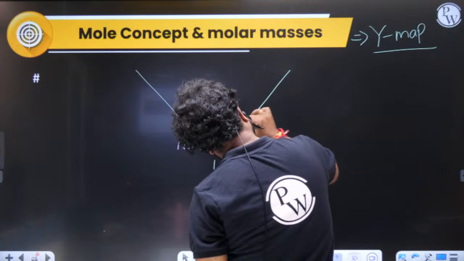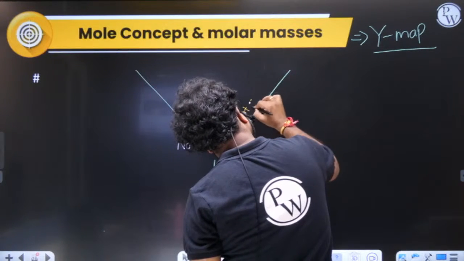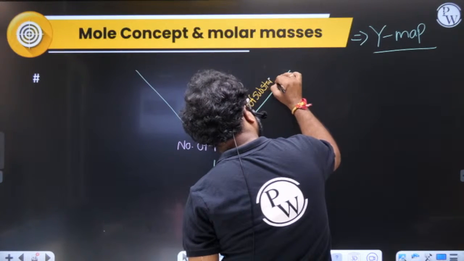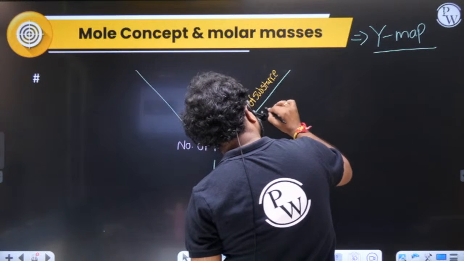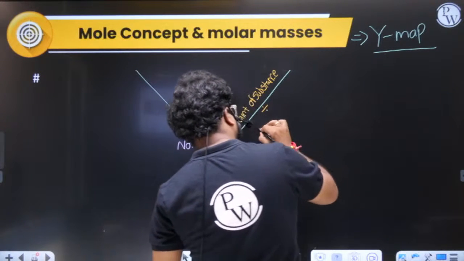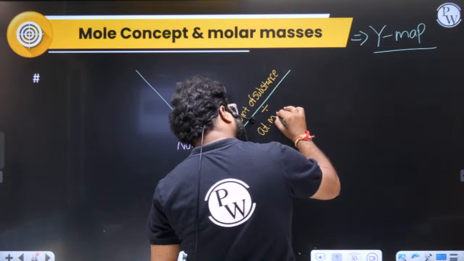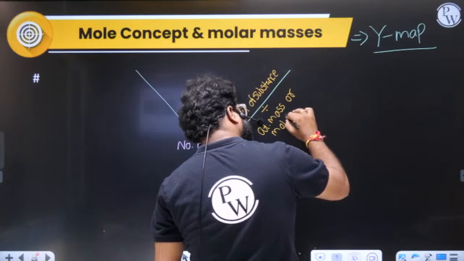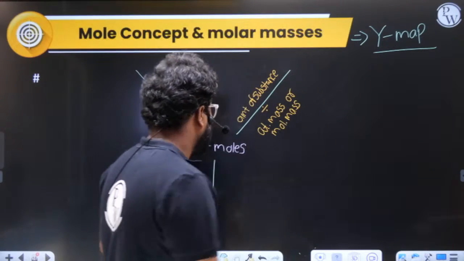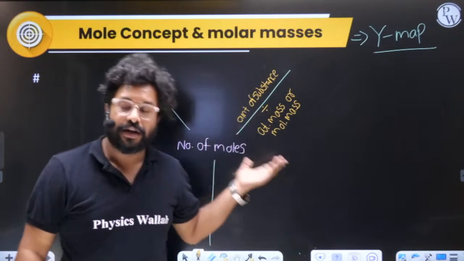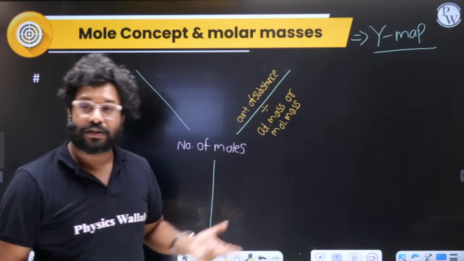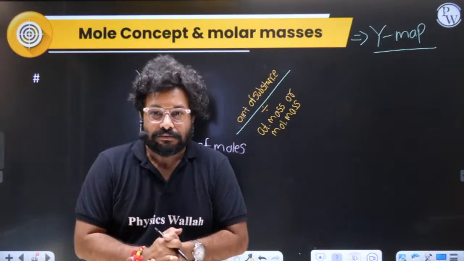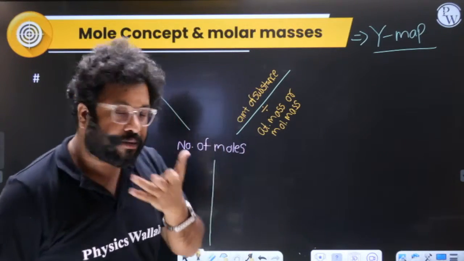So, amount of substance, whatever amount of substance you have taken, that is divided by atomic mass or molecular mass. Any substance, if its amount is given, you can just divide it by its atomic mass or molecular mass. We get the number of moles. That is one way of getting the number of moles.